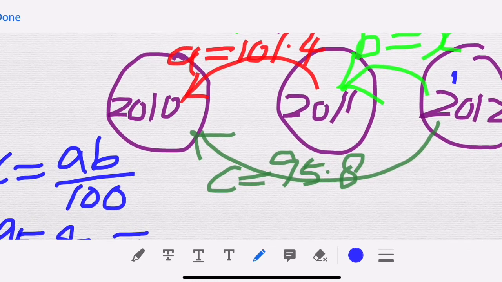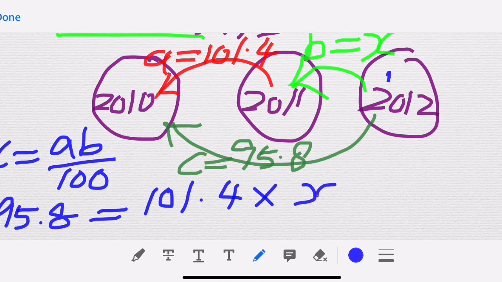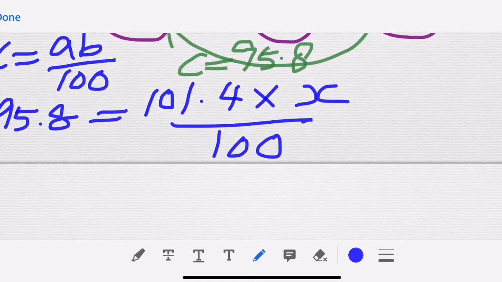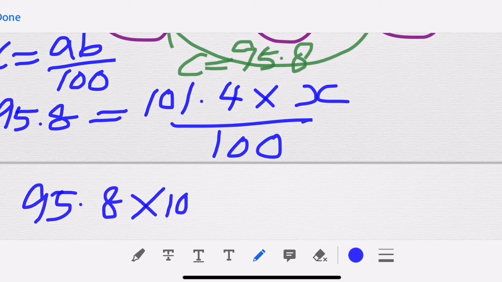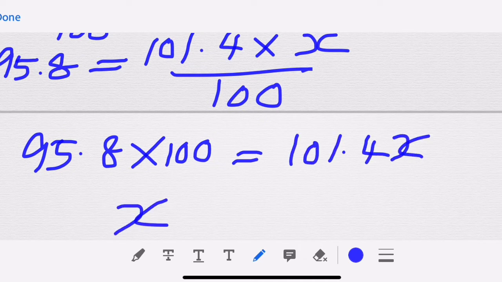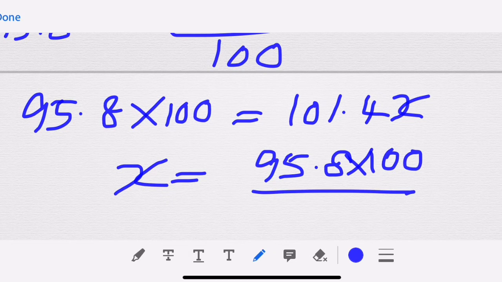Our A is 101.4, and then times the X. You can use B if you want. So I'm getting 95.8 times 100, and then equal to 101.4 X. So if you solve the X, it will be 95.8 times 100 divided by 101.4.